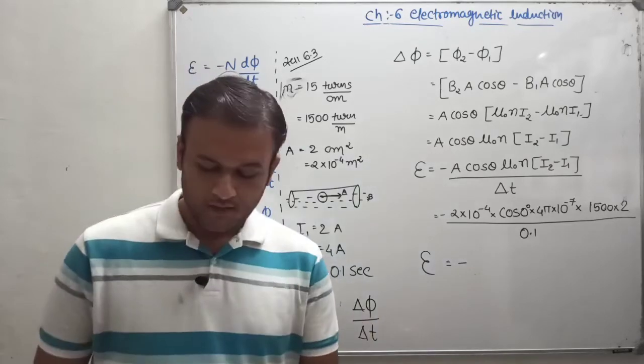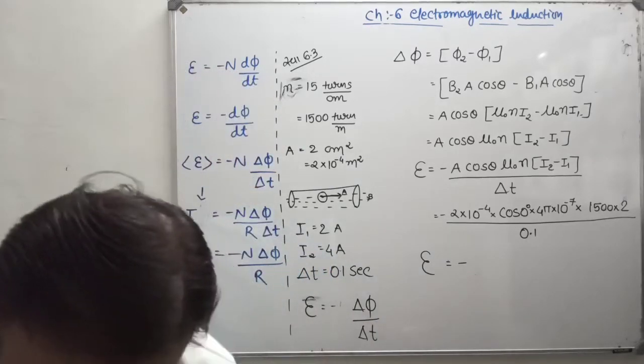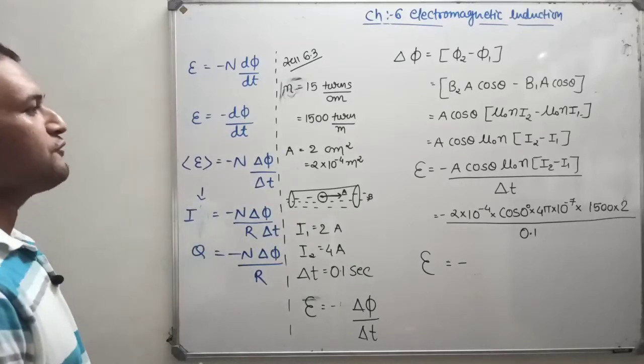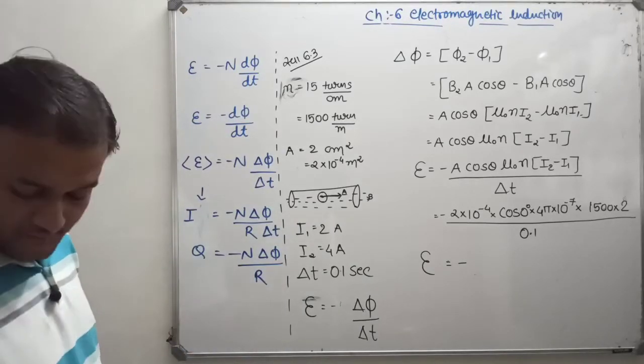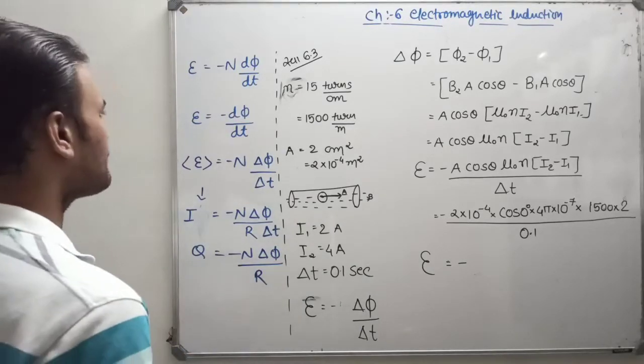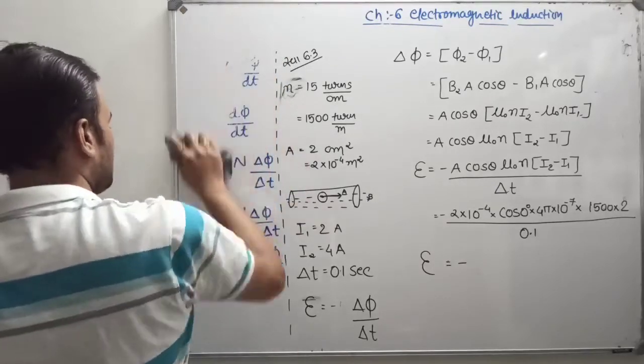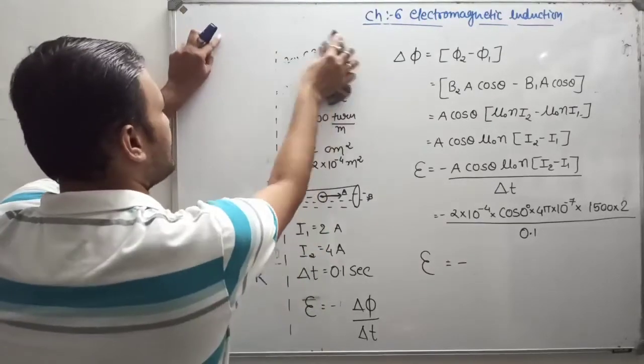Okay, now the next theory is, whether it is 6.3 or 4, it is Lenz law. Next theory is Lenz law.